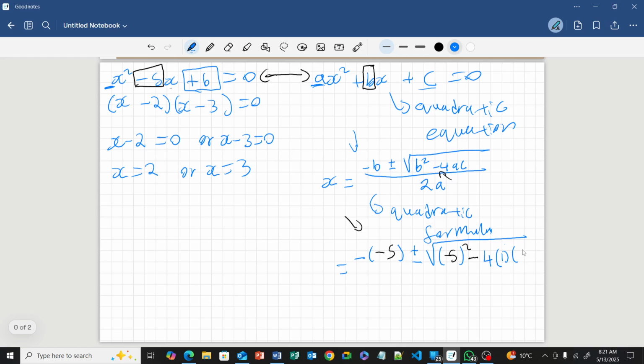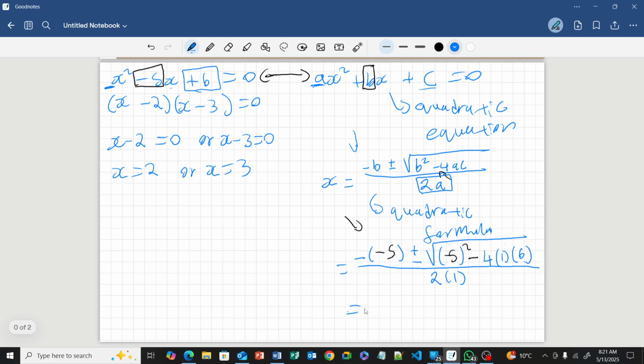Then we substitute the 6, divided by 2 times the value of a. The value of a is 1, so we substitute 1. Then from there, you punch it on your calculator.